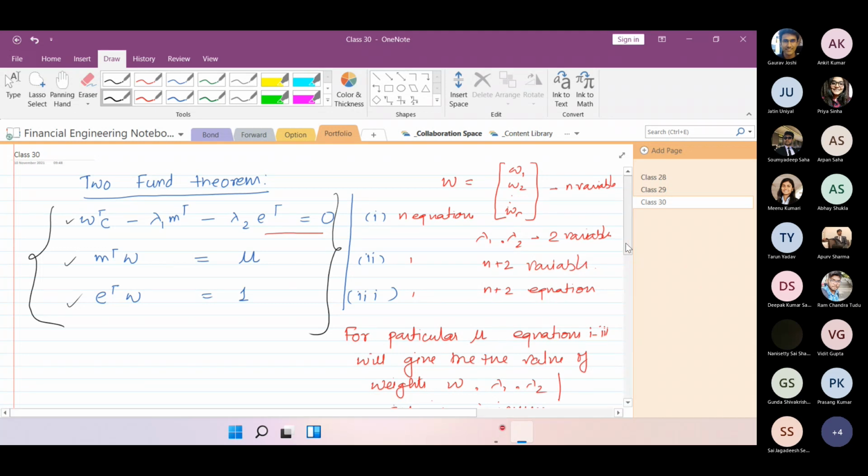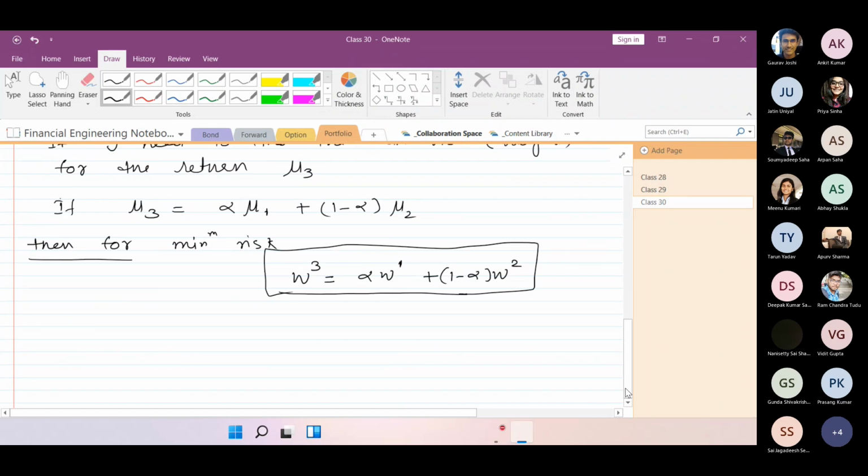Right. So let's prove this one. We know that W1, lambda 1, lambda 2 for the first solution, corresponding to mu1, is one set of solution which I already have, and similarly I have a second set of solution.